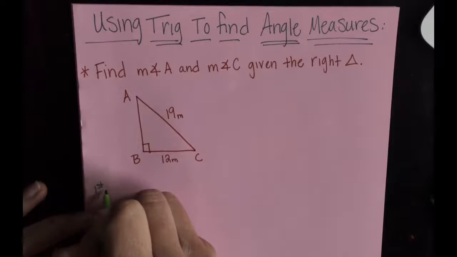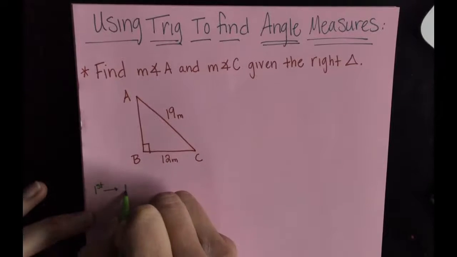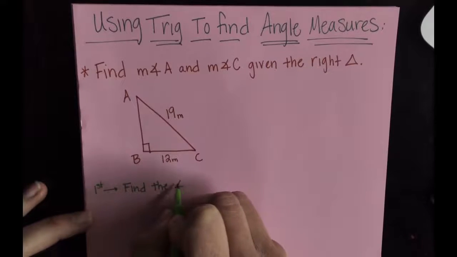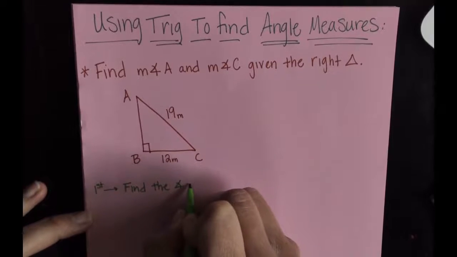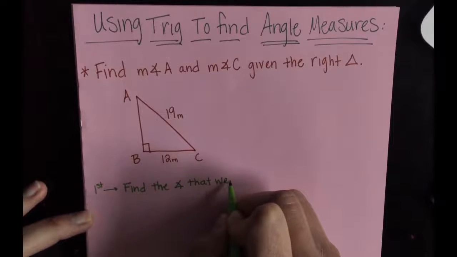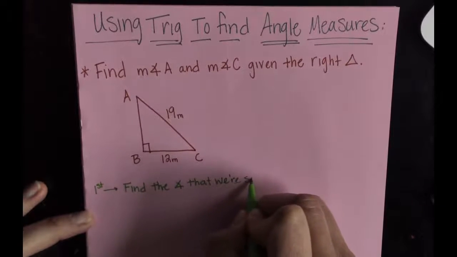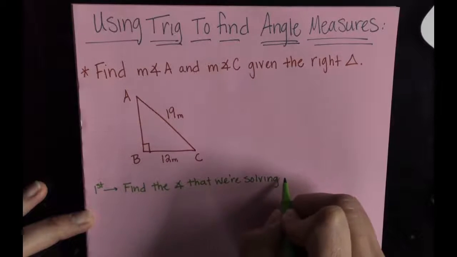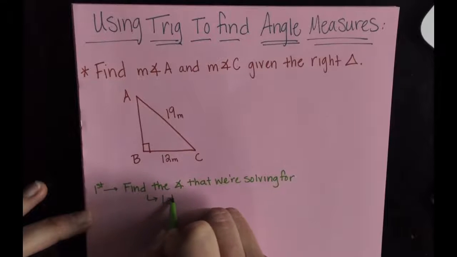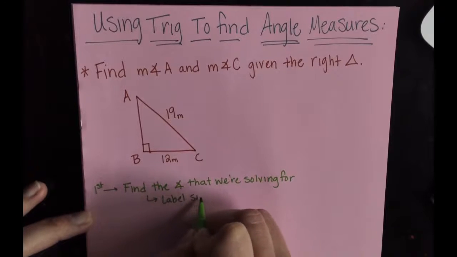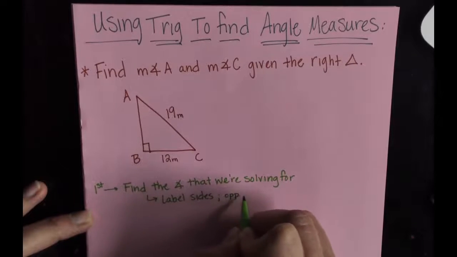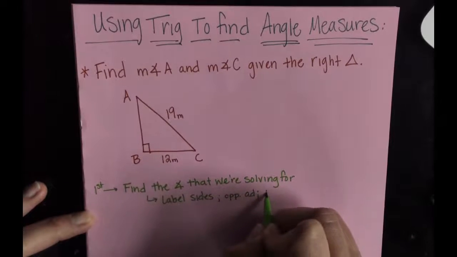Our first step: find the angle that we're solving for. Label sides: opposite, adjacent, and hypotenuse.